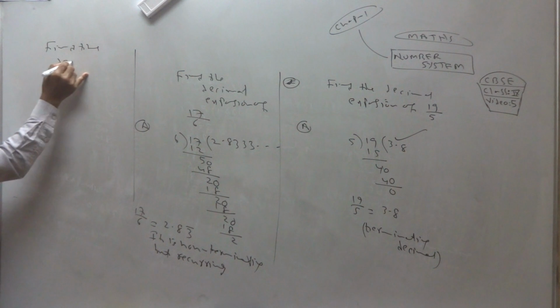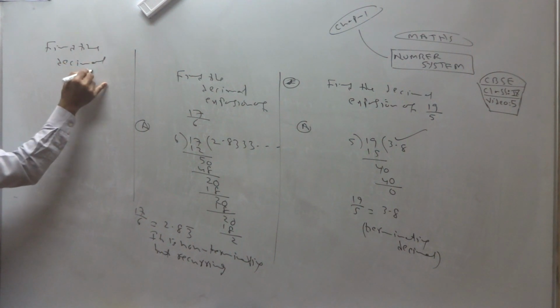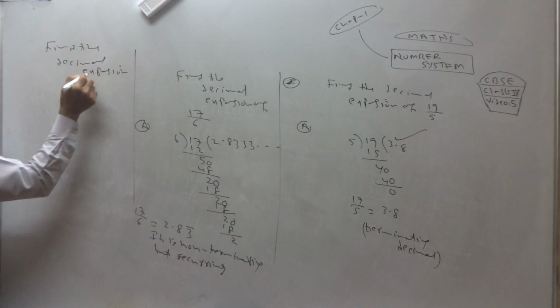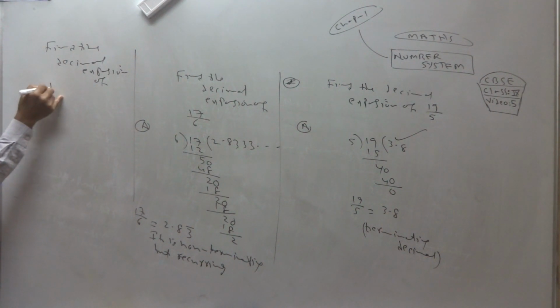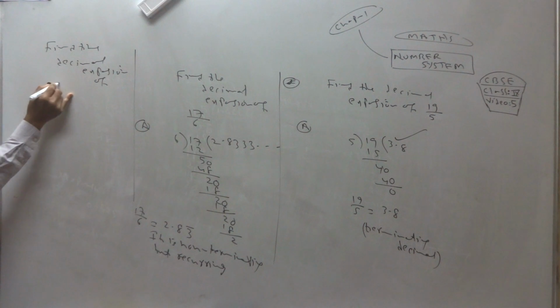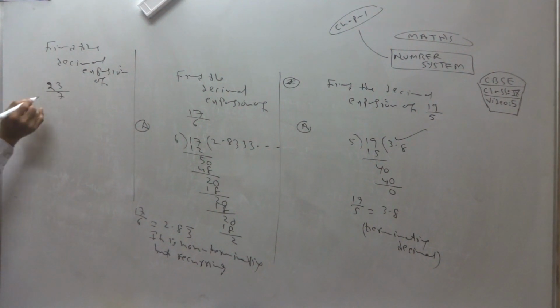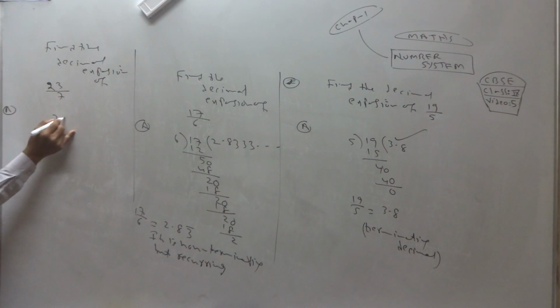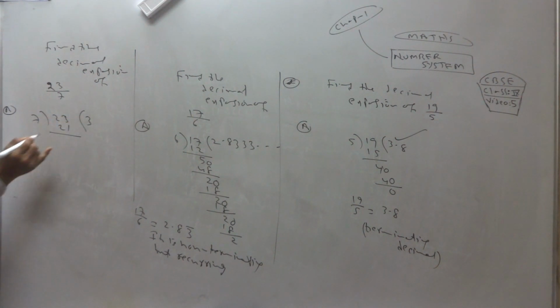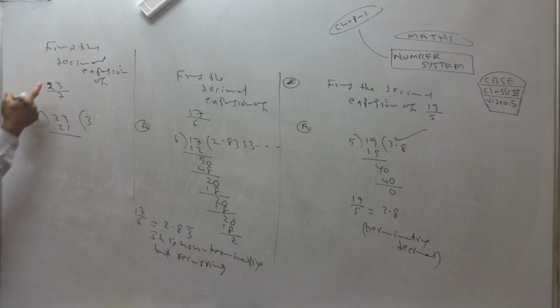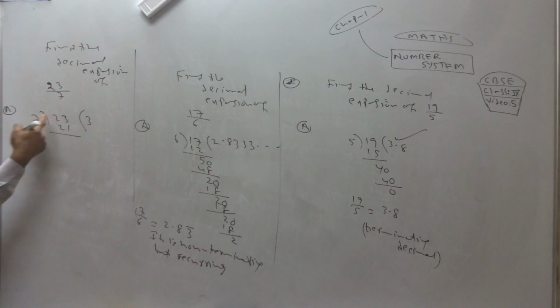Find the decimal expansion of, suppose a question is 23 by 7. 23 divided by 7. 7 3s are 21, 2 left.